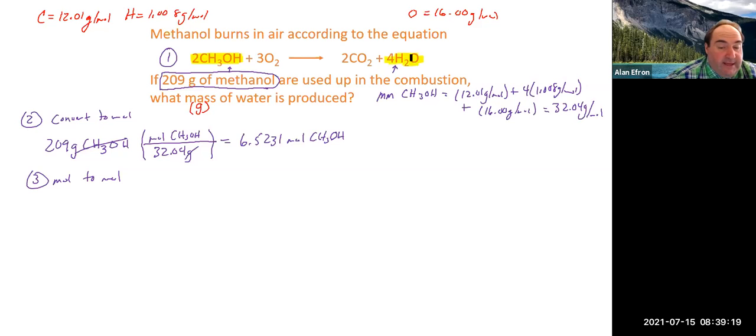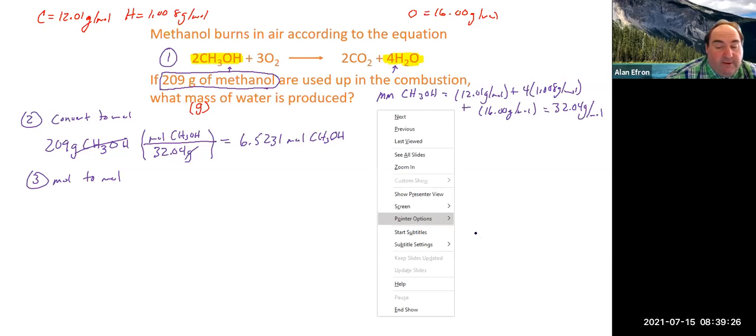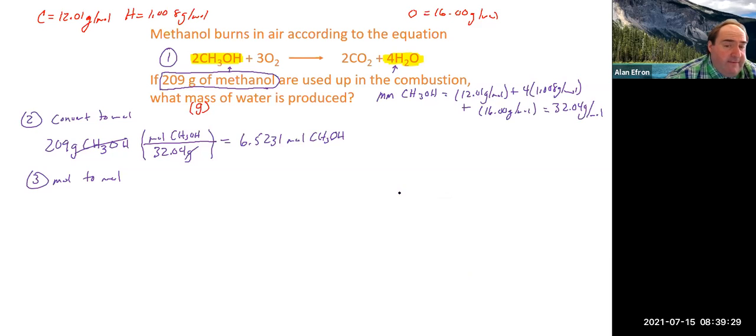That is also why we had to do step number 1 and convert to moles. From the equation, for every 2 moles of methanol I throw in, I am going to get 4 moles of water out. That mole to mole relationship comes directly from the coefficients in the balanced equation.